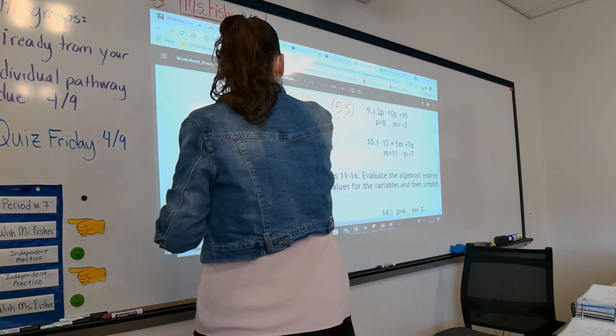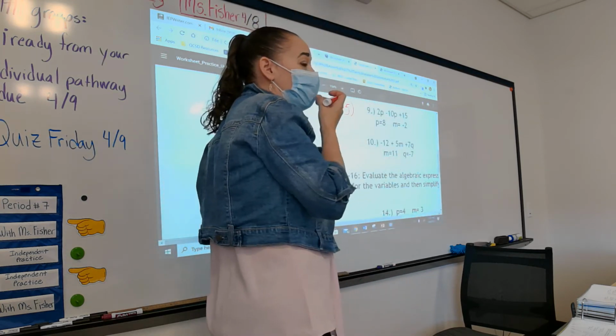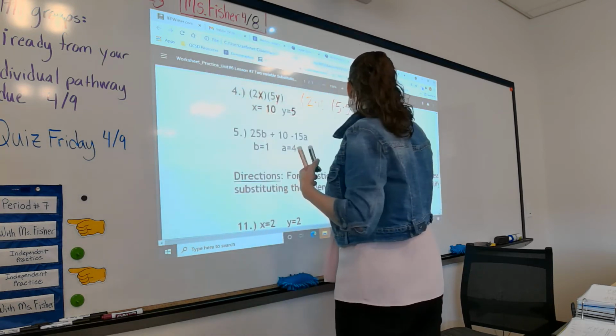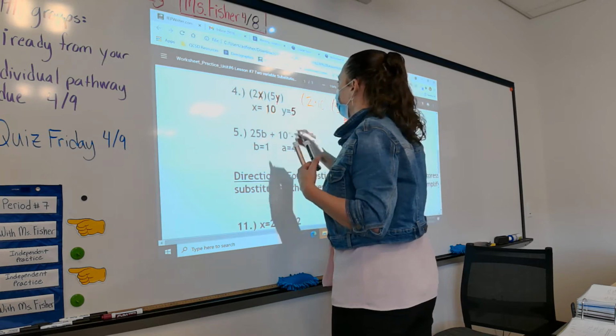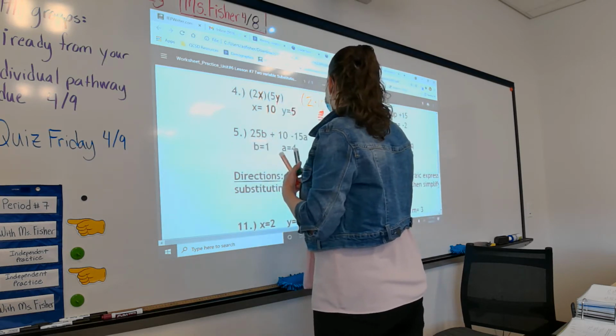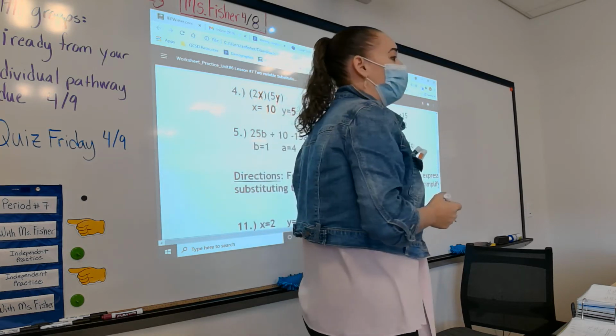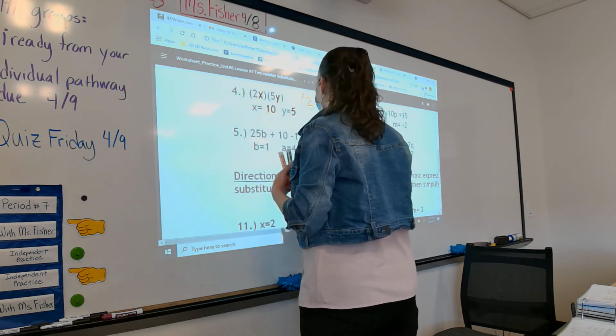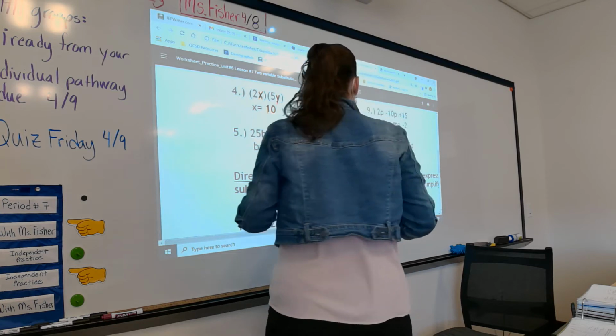Again, I'm following what the expression is telling me. The only thing that's different is I substituted the numbers in where the variables originally were. Remember, this was originally x, and this was originally y.